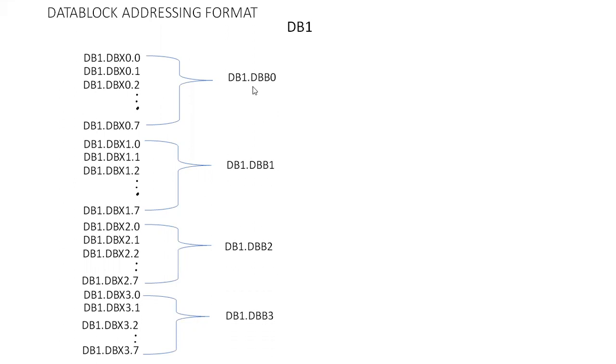So DB1 dot DBB0, just like MB0, MB1 in bit memory. In DB1, we use DBB instead of MB. DB1 dot DBB0, DB1 dot DBB1, like that, this will go on. Similarly, for the word level format, DB1 dot DBW0.